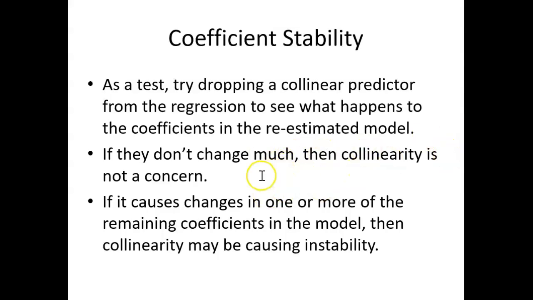If the square foot variable doesn't change much, then we can say that collinearity is not much of a concern between the number of bathrooms and the square footage. But if it does change one or more of the coefficients in the model, then collinearity may be causing instability.